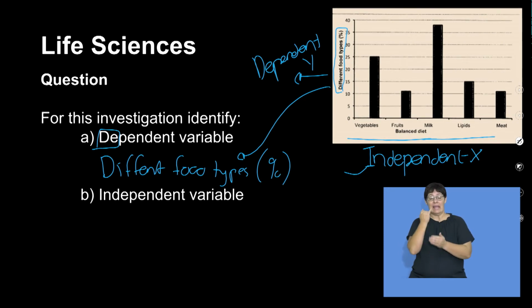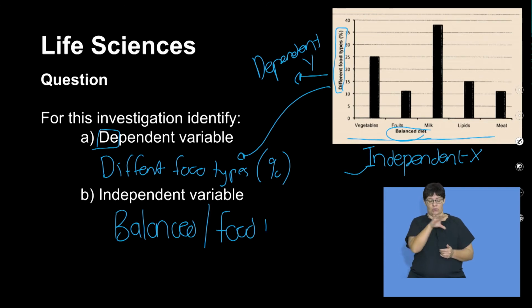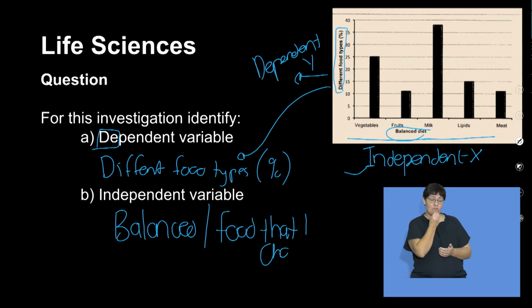Okay, the independent variable is your balanced diet or your food choice. Here it says balanced diet. So my independent is the balanced diet or the foods that I chose. Because that's what you did. There are certain foods that you have chosen.